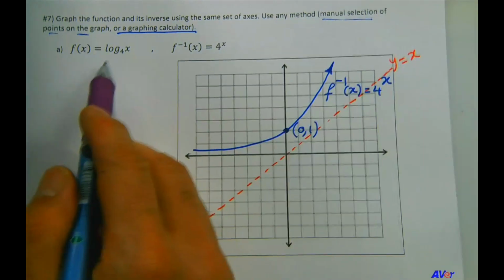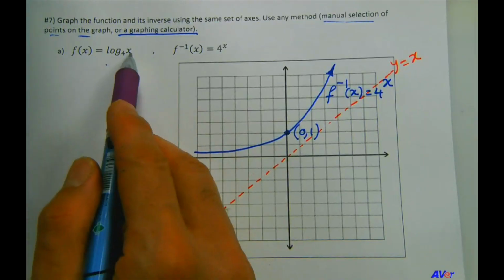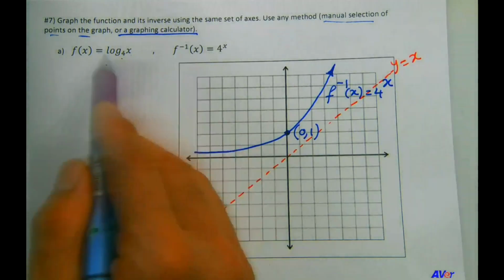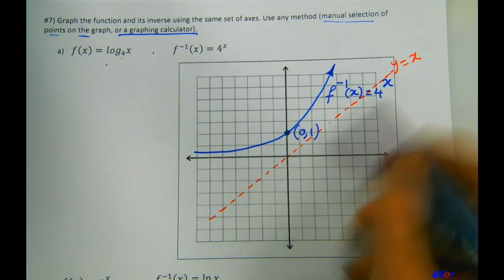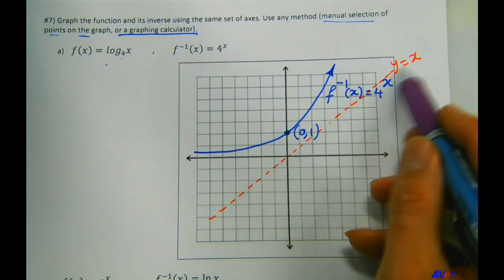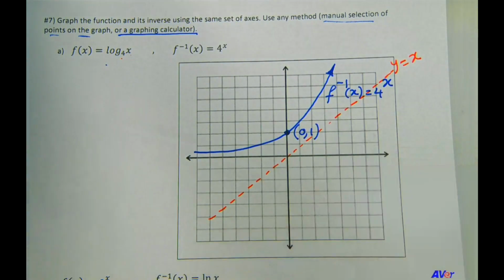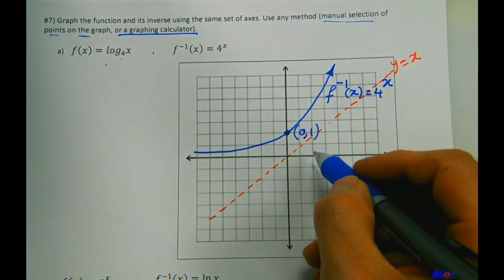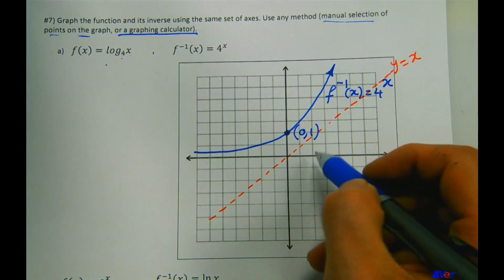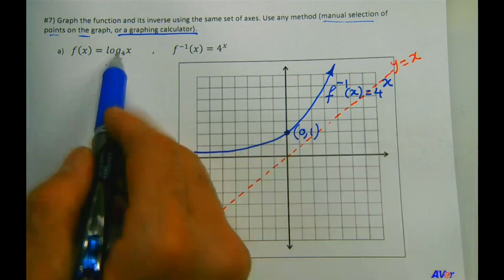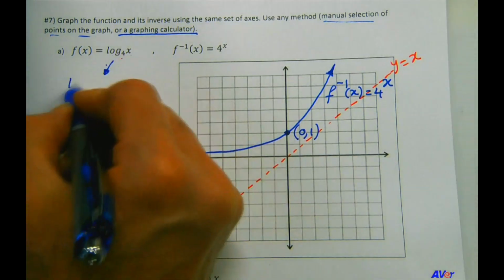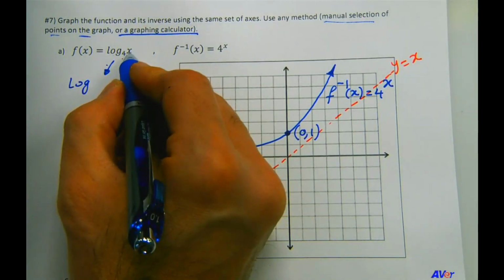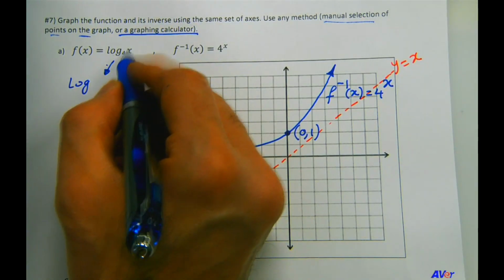So then the log function, log of x to base 4, which is the inverse of that, would be the image of that across this mirror line, which is y equals x. We know that log of 0 does not exist.